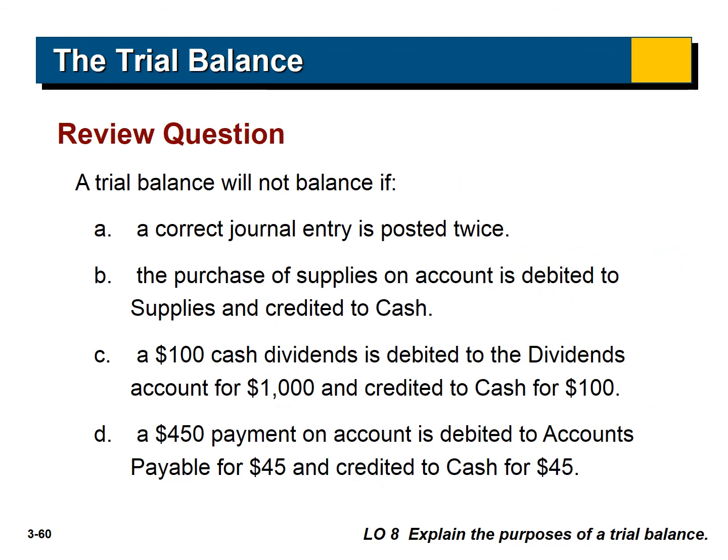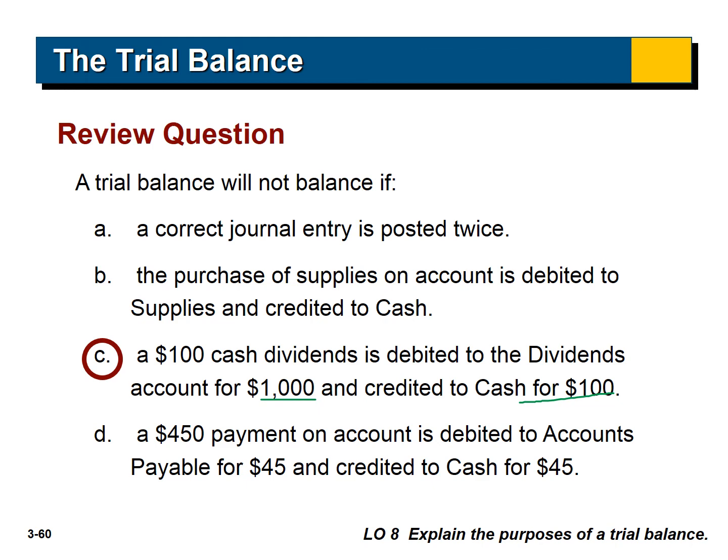Let's do the review question. A trial balance will not balance if a $100 cash dividend is debited to dividends account for $1,000 and credited to cash for $100. So the debits and the credits are not going to balance.